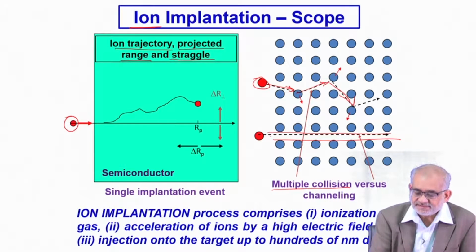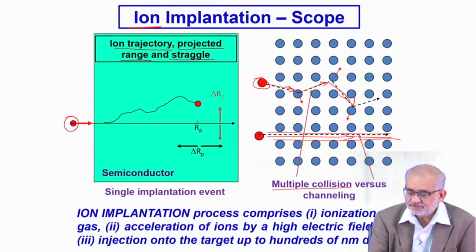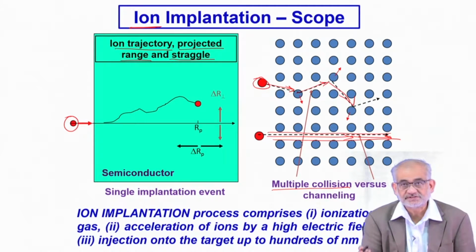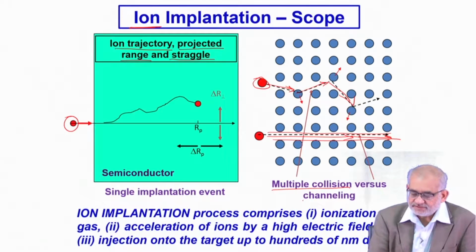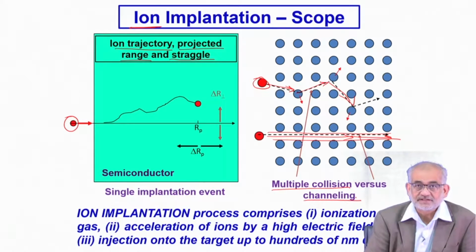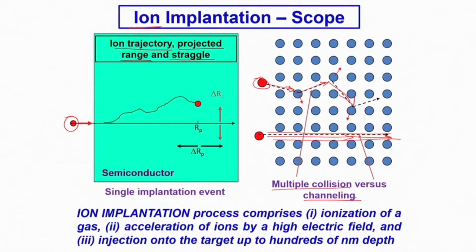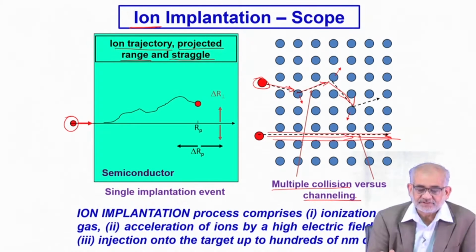In such a case, the ion can penetrate much deeper before it encounters any collision. That kind of a process, called ion channeling, is not what is desired when we want to carry out ion implantation, because the primary objective is to change the surface composition.